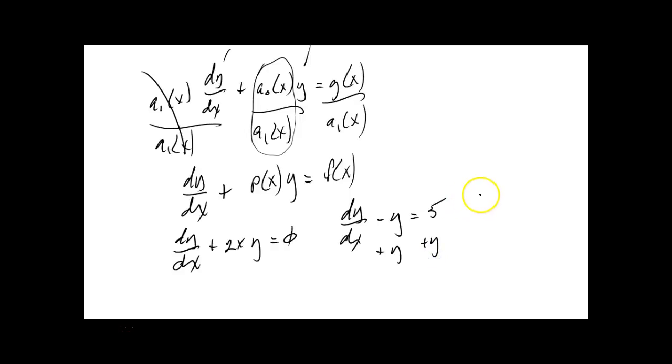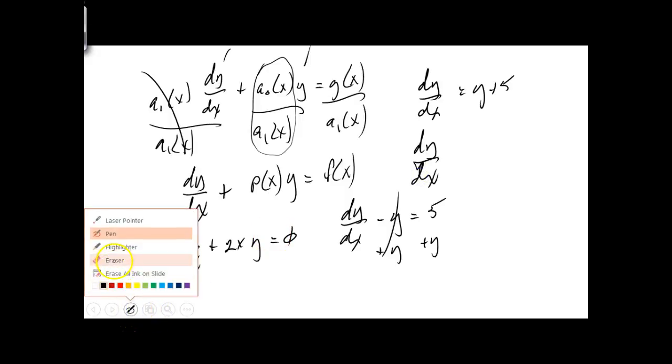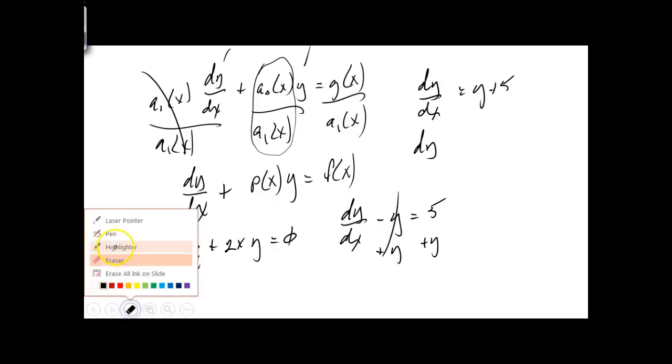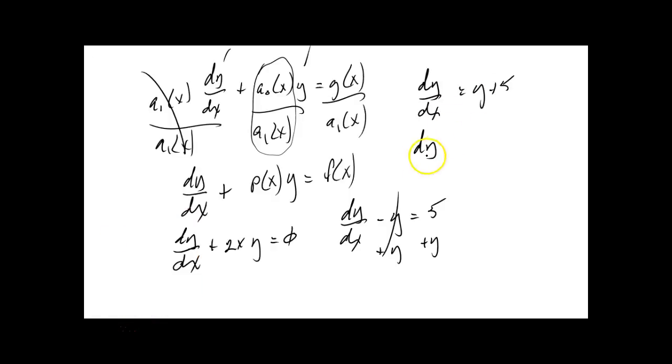And that would give you dy/dx is equal to y plus 5. And then write it in differential form. Okay. Let me go on and divide by y plus 5, is equal to dx. Yeah, separable. You can do it. Okay?